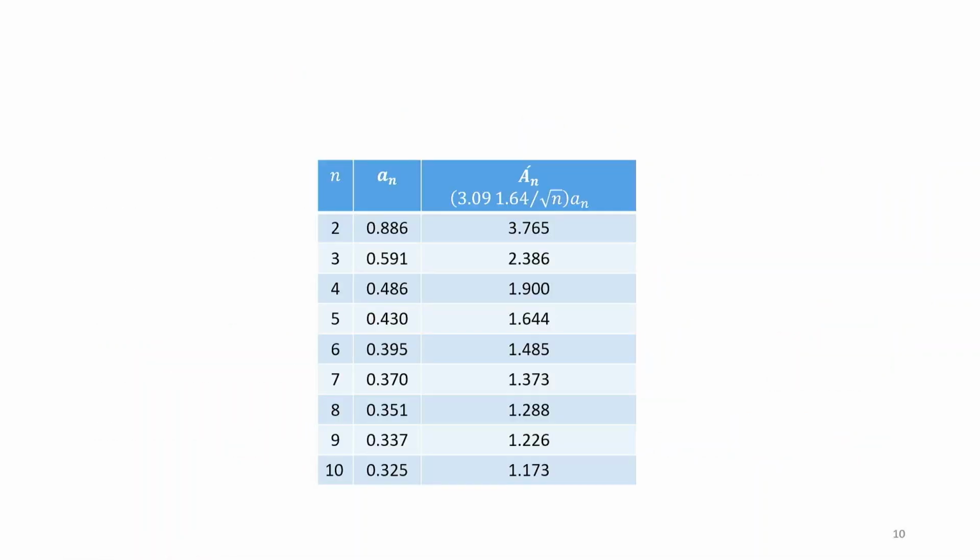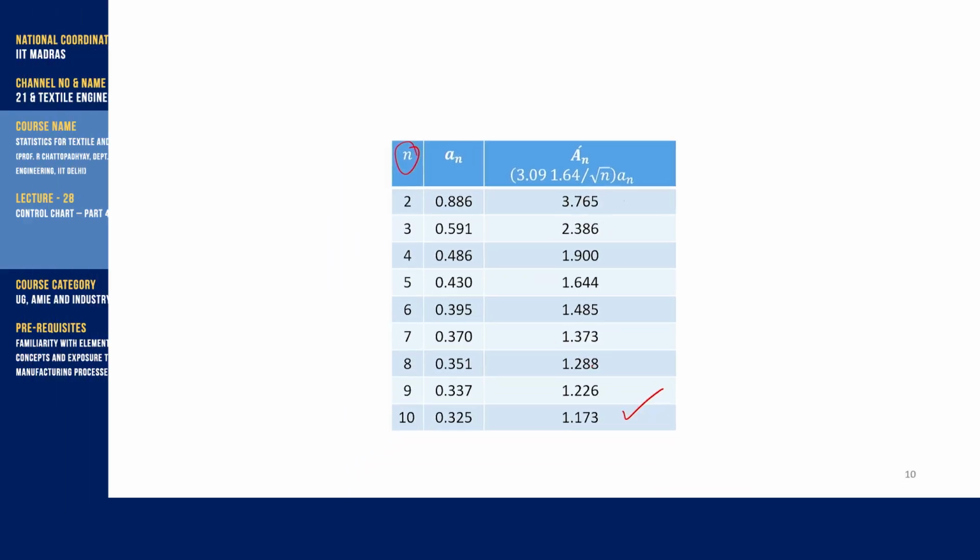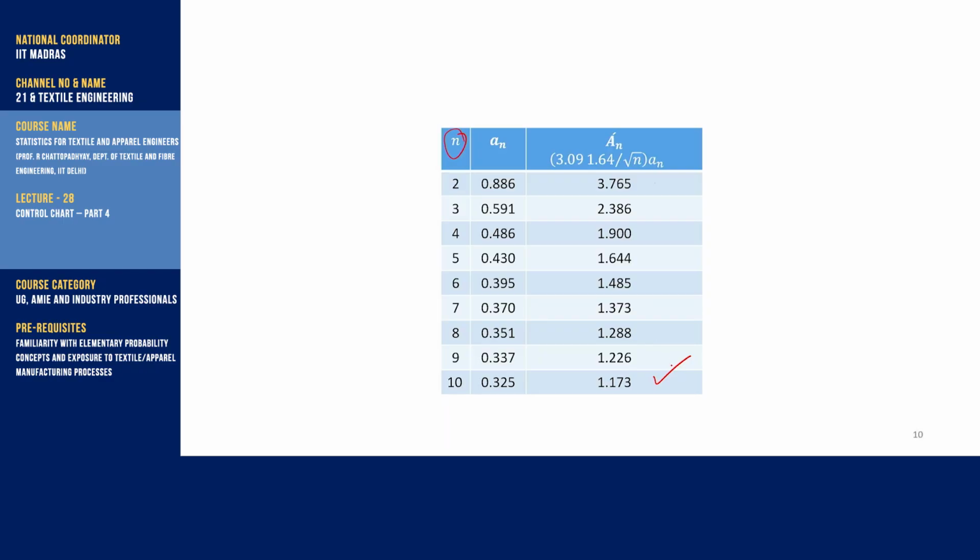And the values of A dash n are given here for different values of n. This table is also available in many textbooks, and I have given a reference previously to the book. The same textbooks also give these data. So in this book or any other book, if the control chart chapter is there, you will be able to get these data.